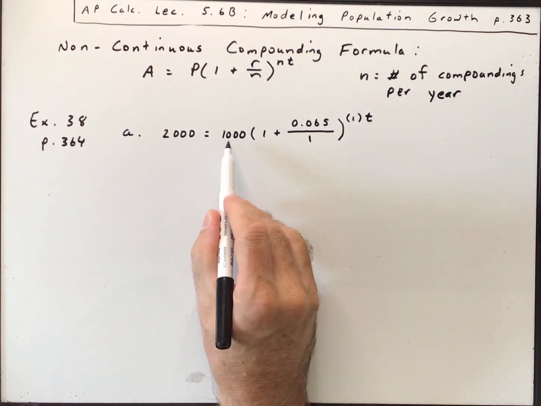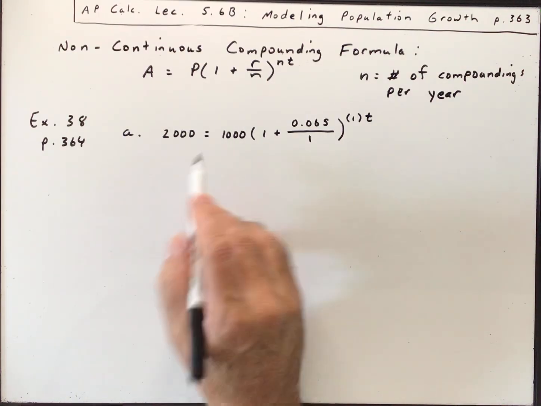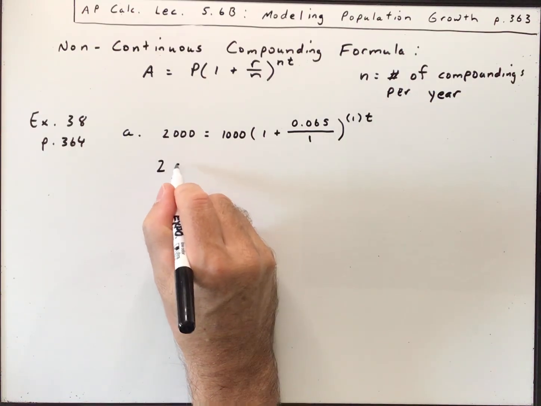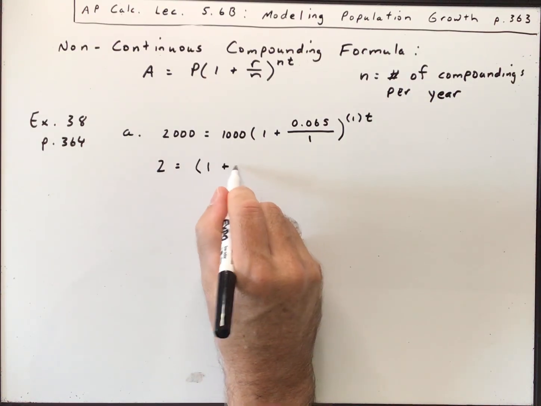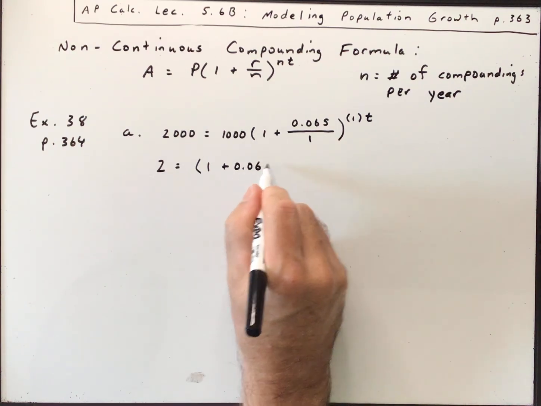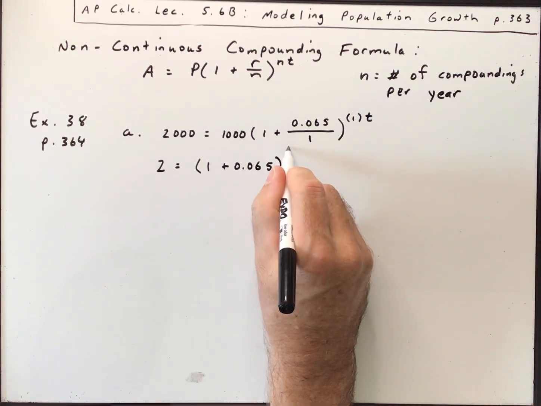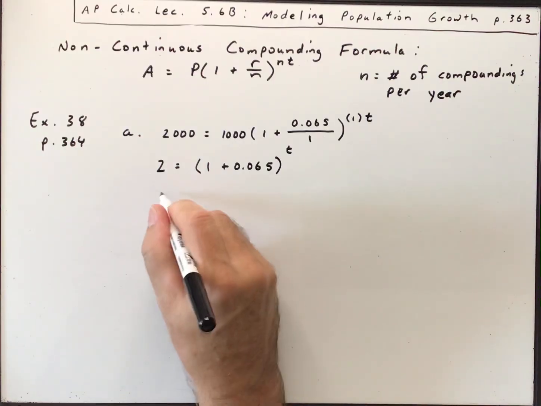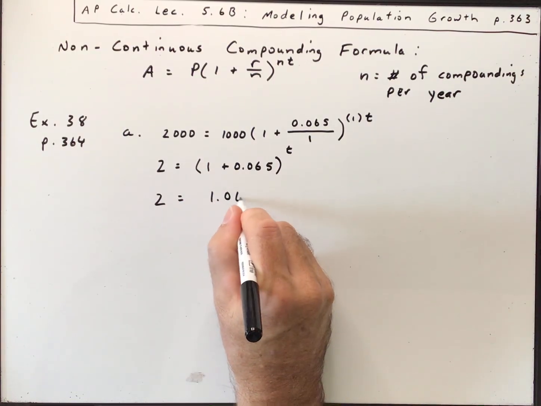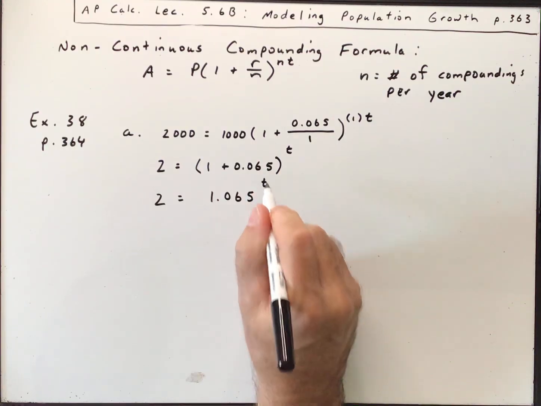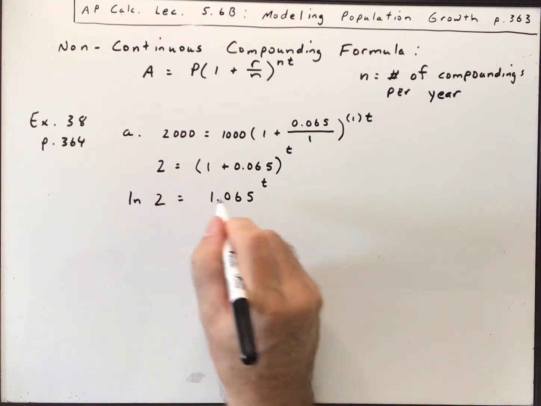If I divide both sides by 1,000, we have 2 equals (1 plus 0.065) to the t. So 2 is equal to 1.065 to the t. We'll take the natural log of both sides.